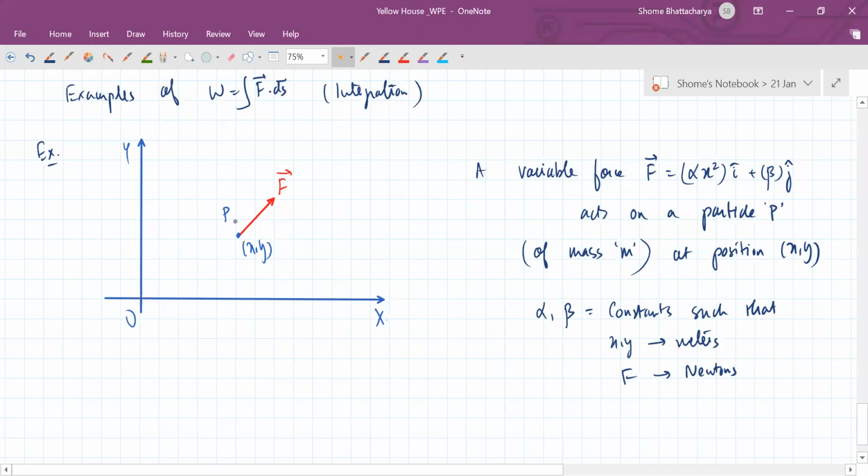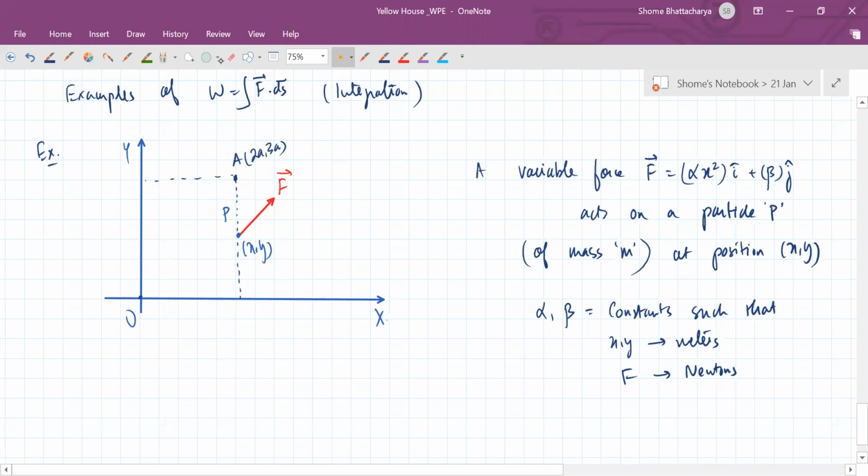Now this particle makes a displacement from the origin to this point over here, let's say, which has coordinates 2a comma 3a.